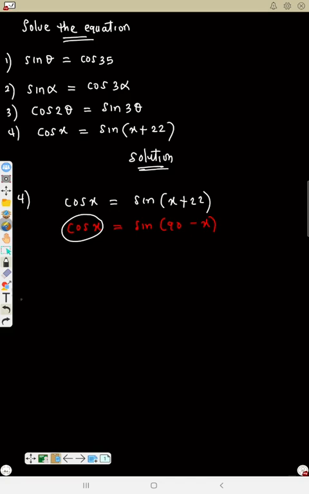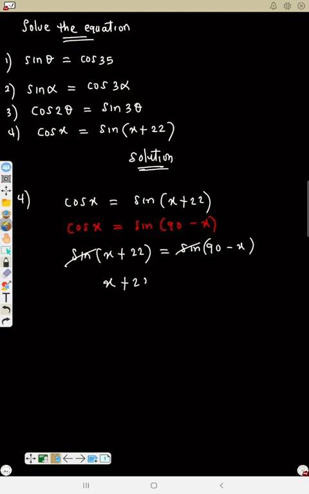So instead of writing cos x here, I'll write sine x plus 22 equals sine 90 minus x. So sine will cancel out sine. So x plus 22 equals 90 minus x.